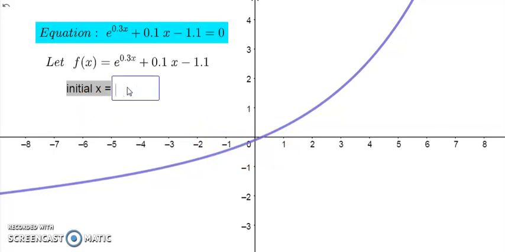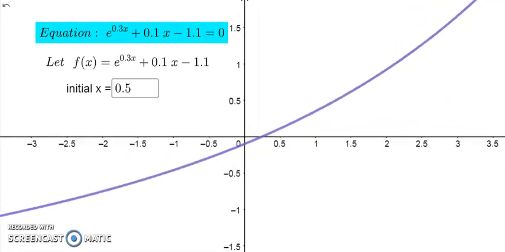Here I label the initial x as 0.5, which is the midpoint between 0 and 1.